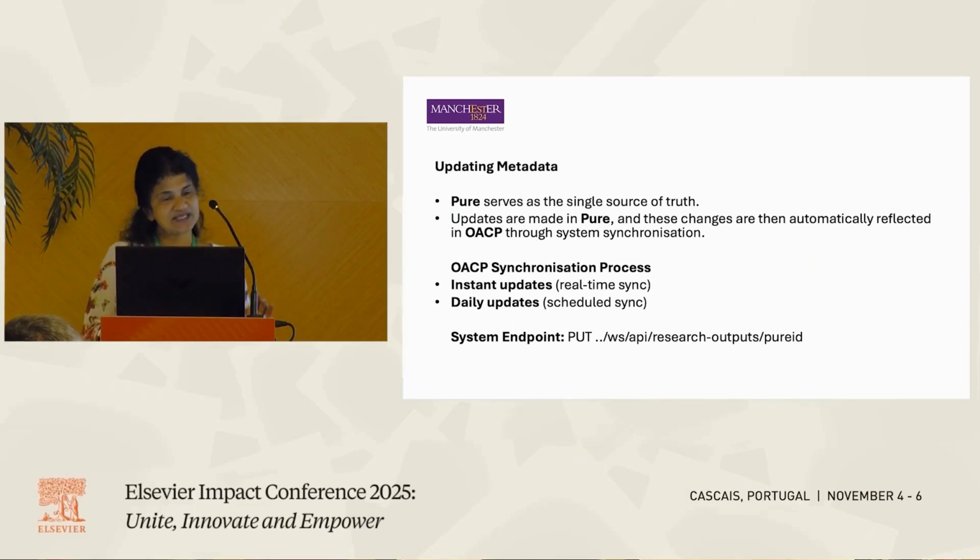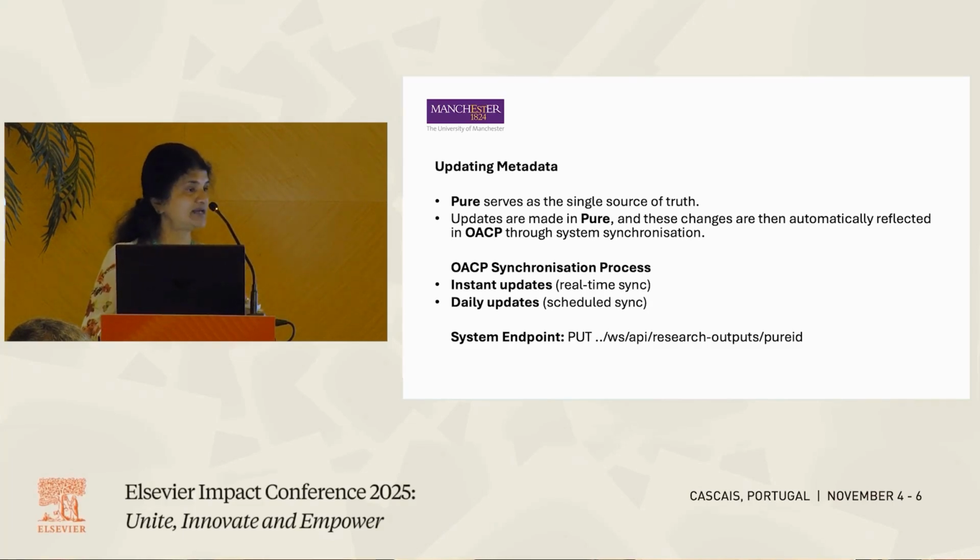So when we update the metadata in Pure, for any data that we receive from Pure, we make sure that Pure is kept as the single source of truth. So when an update is triggered in OACP, it actually updates the Pure record. Then to get the data back to OACP, we use a synchronization process. We have two types of synchronizers.